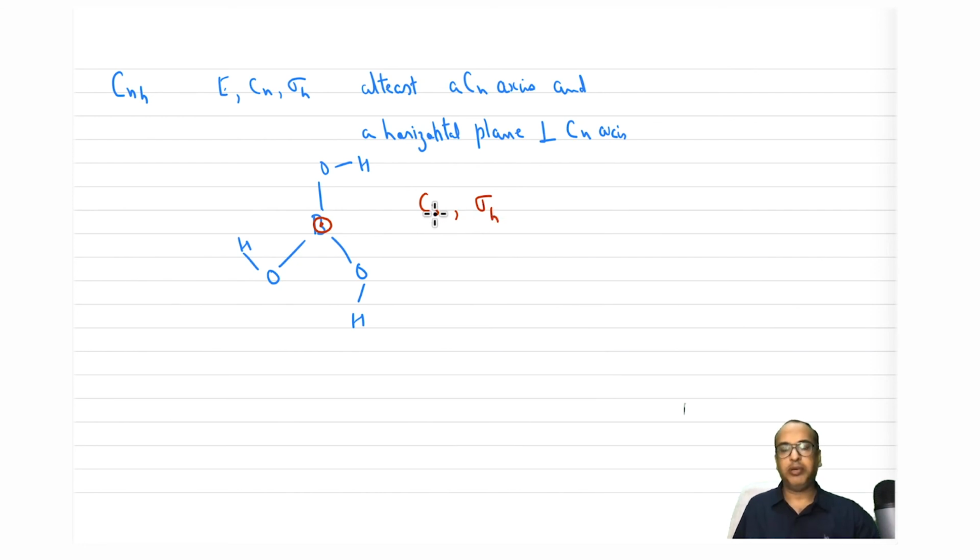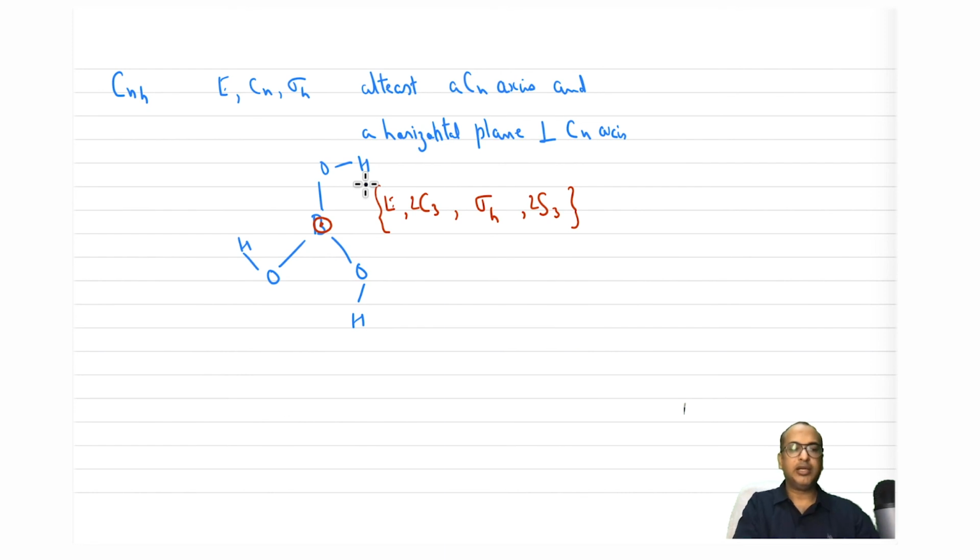Because C3 and sigma h are present, there would also be an S3 axis, and of course E would be present. So these are the set of symmetry elements, and the corresponding symmetry operations will give rise to 2 and 2 here, right? So E, 2C3, sigma h, and 2S3, and so on.